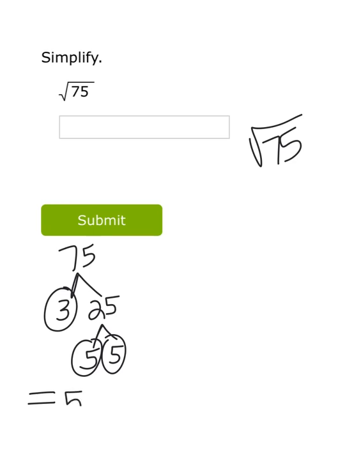Well, let's go ahead and write this in a little bit cleaner format. I know that since I have two 5's, this would be 5 to the second power times 3. So up here, I would rewrite this as the square root of 75 could be broken into the square root of 5 squared times the square root of 3.